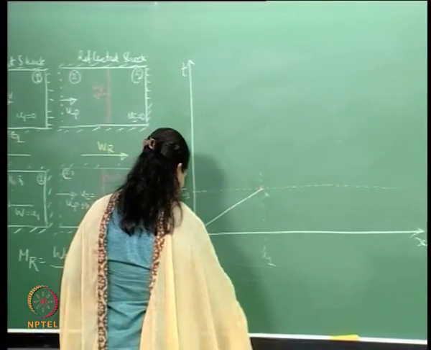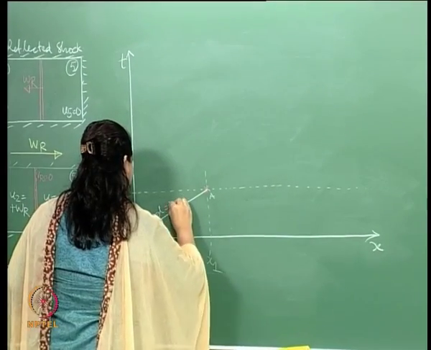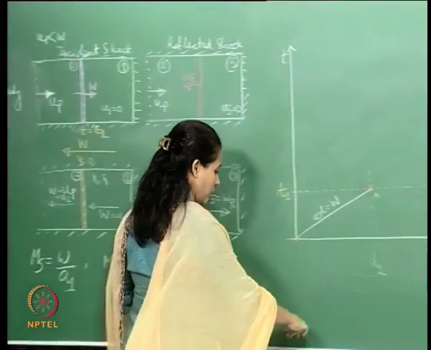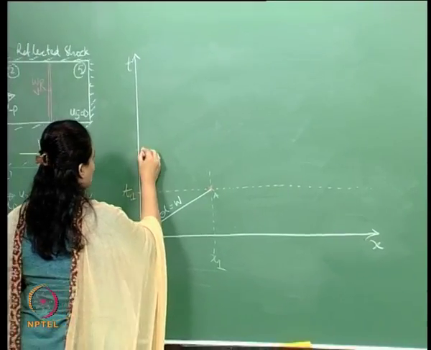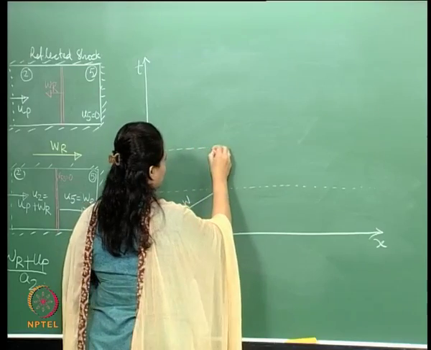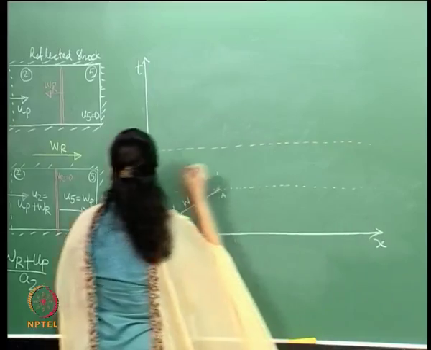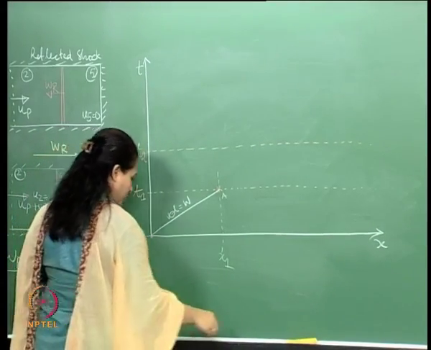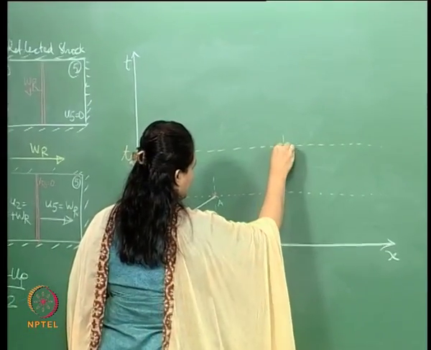So this is the incident shock, and at time t is equal to t2 it hits the end wall, after traveling a distance this much.